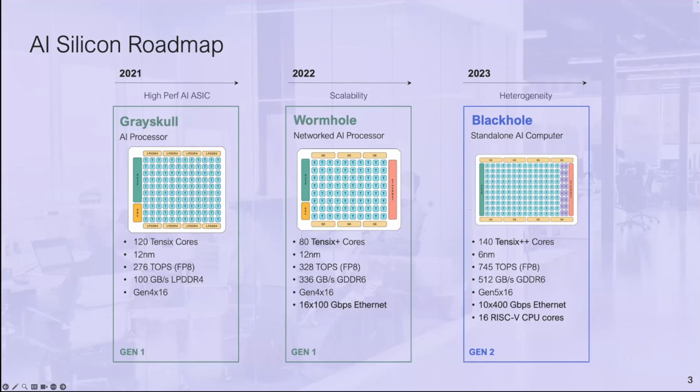But the thing that I want to highlight here with Blackhole is 2 points. We've increased our Ethernet bandwidth, so we have 10 by 400 gigabit per second Ethernet, as well as now we wanted to put in the 16 beefy RISC-V cores. So I'll get into where all our RISC-V cores are.